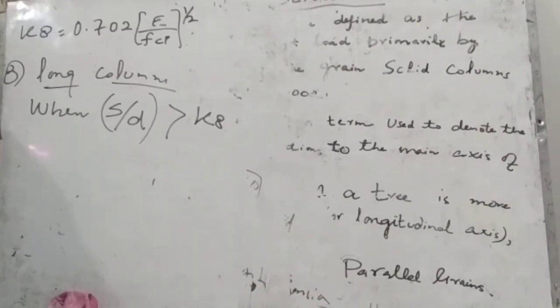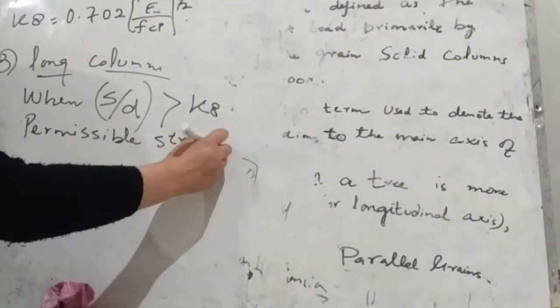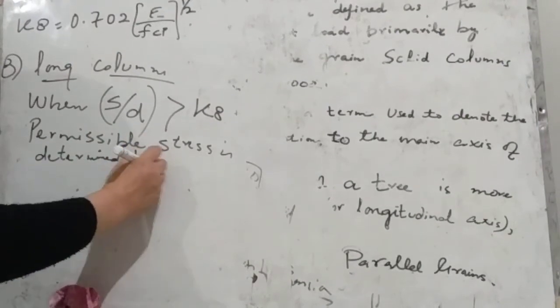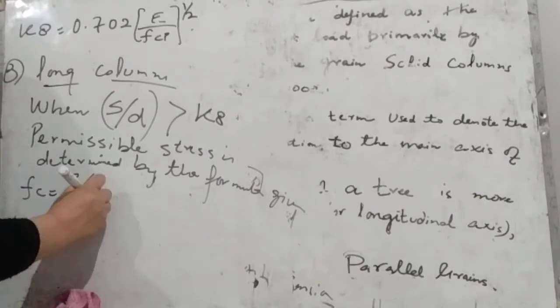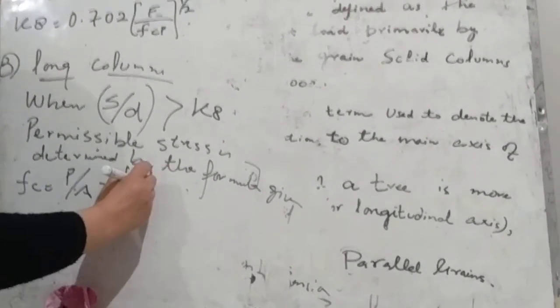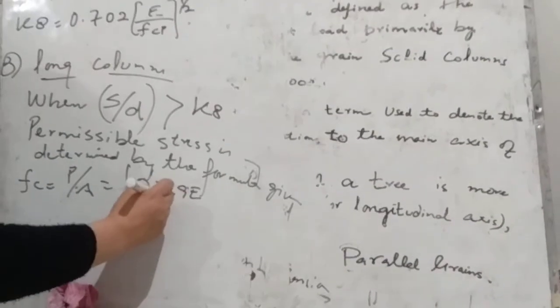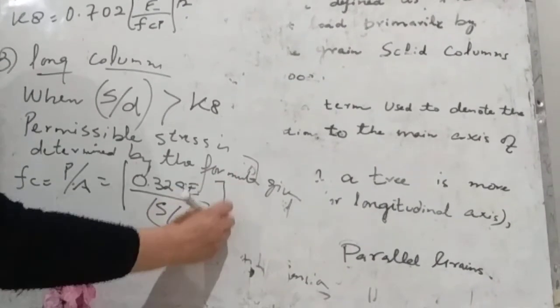And for long columns, the permissible stress is determined by the following formula: stress is equal to force per unit area is equal to 0.329 E divided by S by D square.